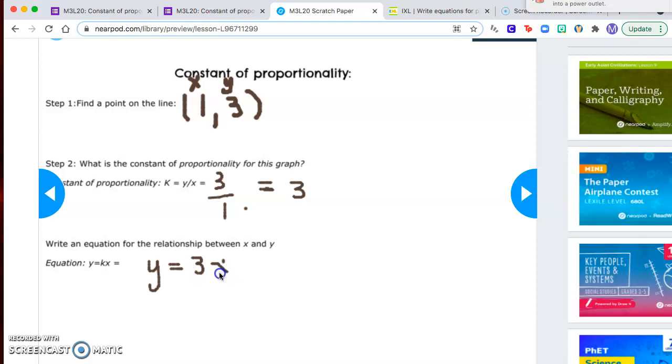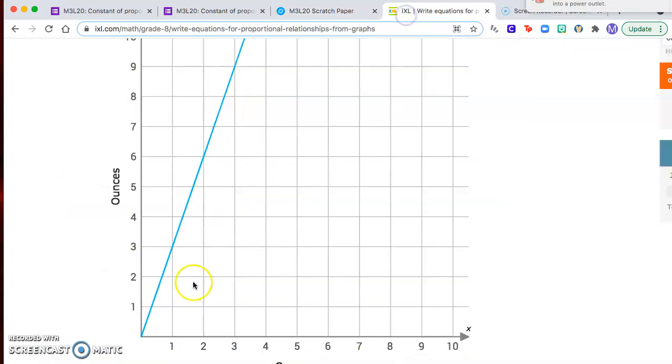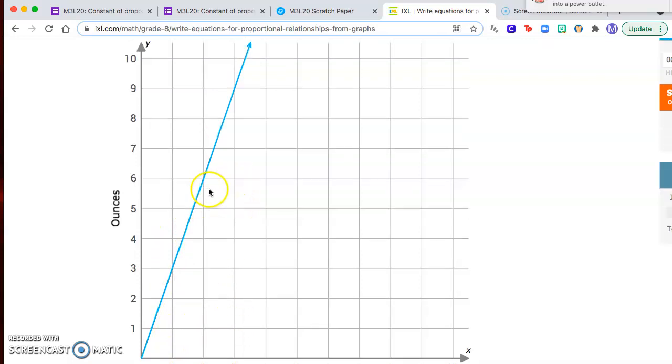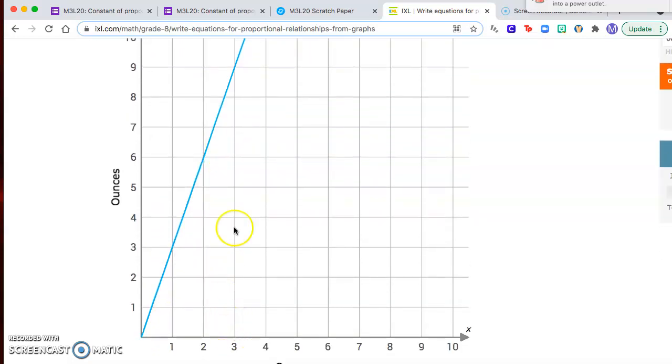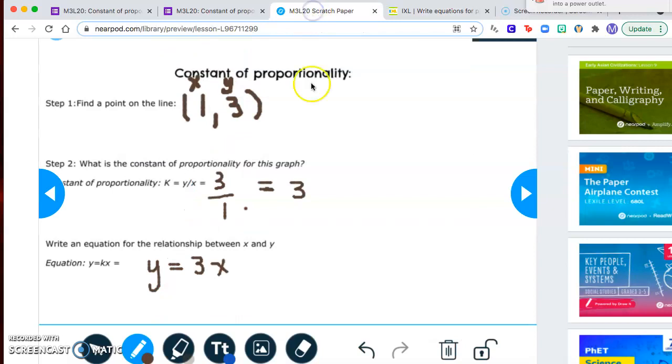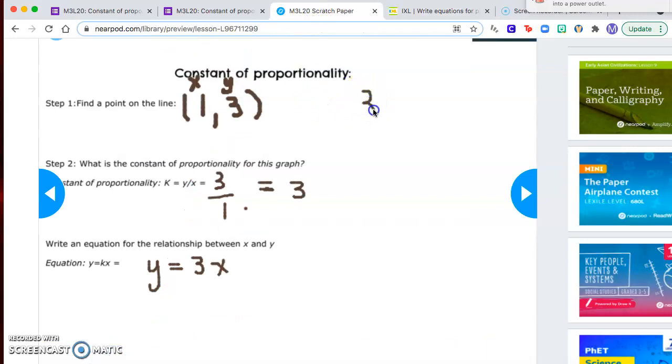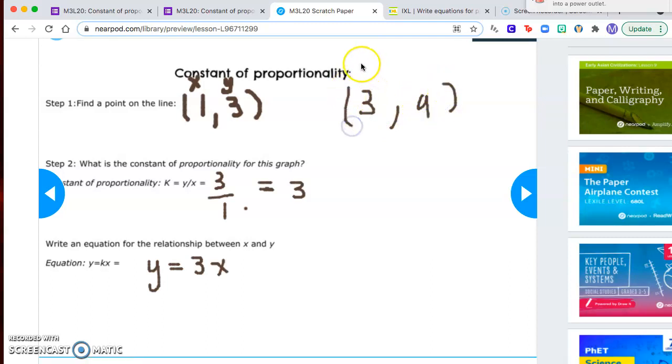If you notice, all of your x values, for example, one of the points is 3, 9. Your x value is being multiplied by 3 to give you your y value, which is what the equation is saying.